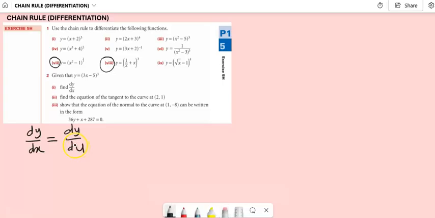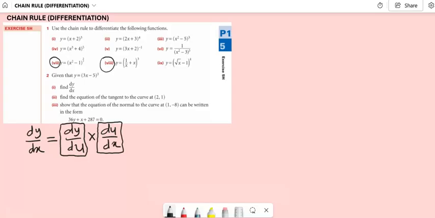This is chain rule. This one is differentiate y with respect to u, and this one is differentiate u with respect to x.